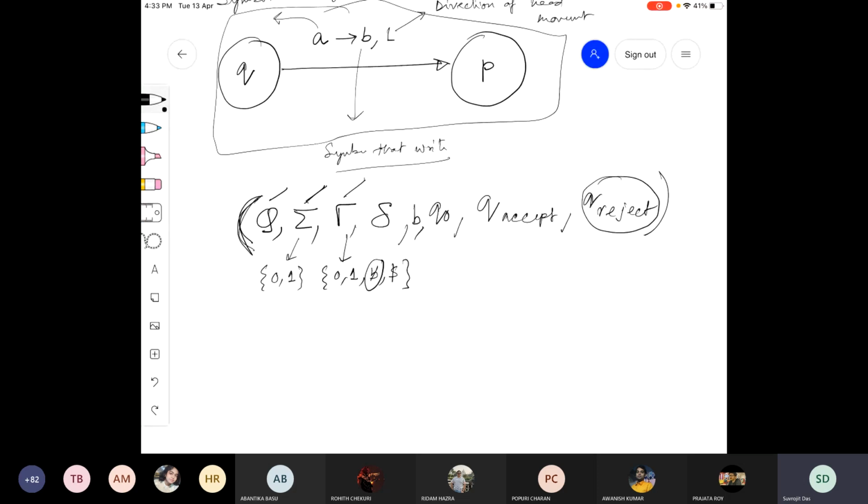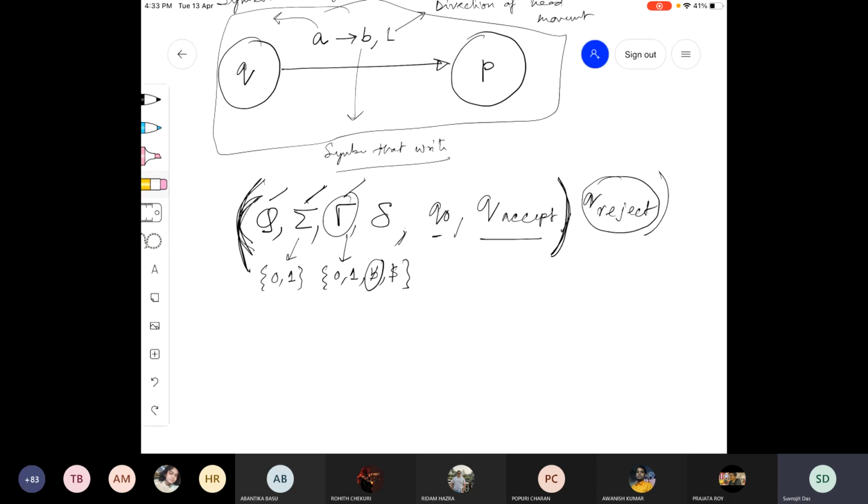Sorry, I should be writing a blank also. And if you include blank in delta, there should be an initial state and there should be an accept state. So you can also have a definition like this in some books.